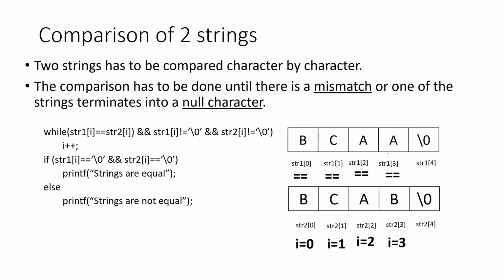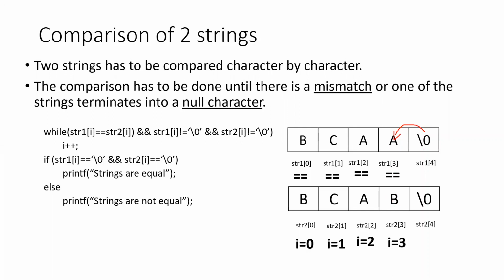Suppose one string ends before the other string. Suppose I have BCA in the first string and BCAB in the second string; the null character will be in this position. So when you compare, one may have reached the end of the string while the other still has characters.